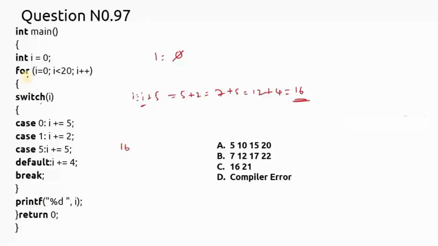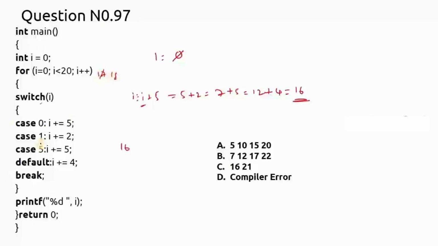Now coming to the loop again, the I value is now 16. 16 is less than 20, yes. Now coming to switch I, 16. Is there any case with 16? No. Even in the first case, if it is true then it will consider all, but nowhere is it true, so 16 is not executed. Now I value will be incremented to 17. Case 17 is not there.